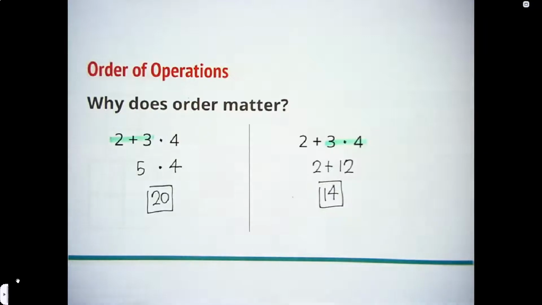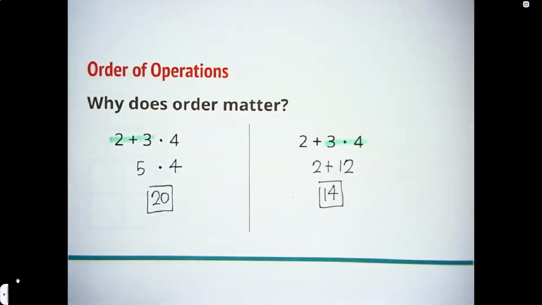So why does order matter? Order matters because if it's left up to us to choose what order we want to do things in, then we could potentially end up with different answers to questions. Now, this question is fairly simple, so there are only two possible answers. But you know, if a problem is more complicated, there could certainly be more possible answers.